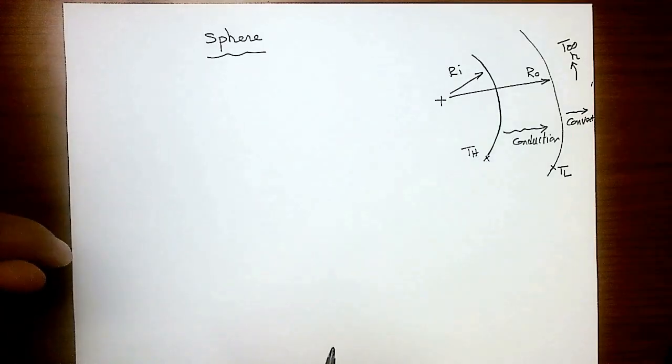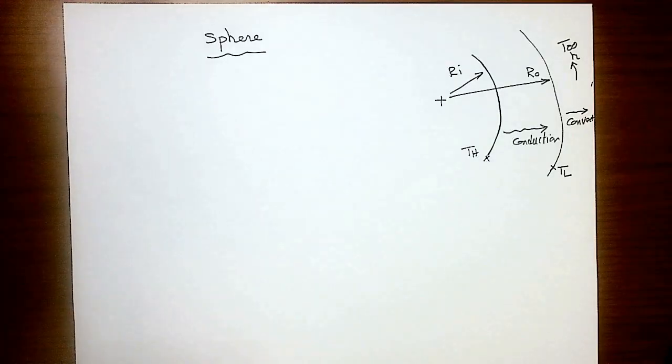What are the equations that we're going to need for a spherical shape? We need two equations. One for the conduction resistance and one for the convection resistance.